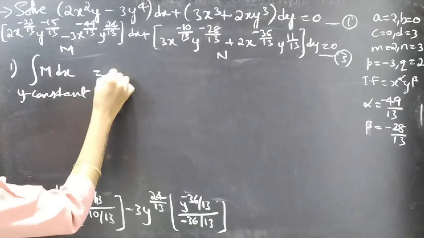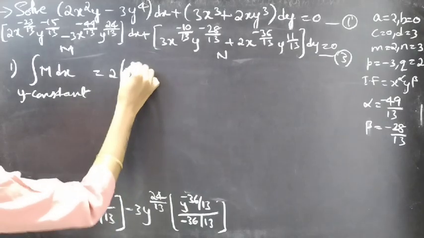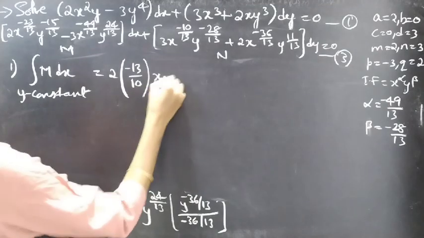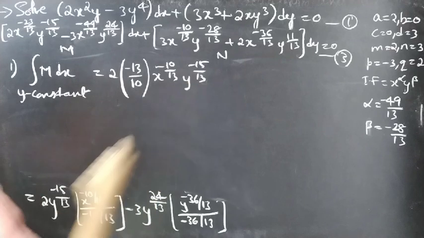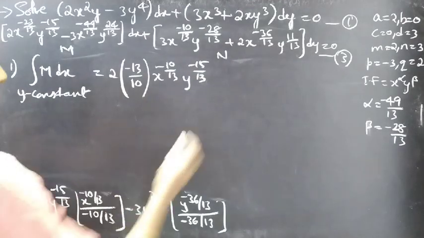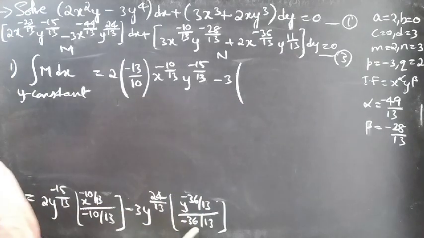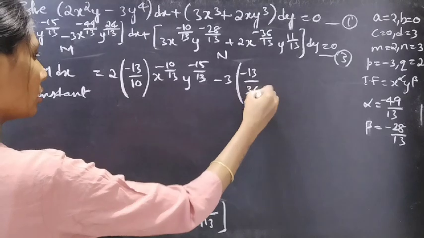Now we can write this as 2 into 1 by minus 10 by 13, which can be written as minus 13 by 10, into x power minus 10 by 13 into y power minus 15 by 13. Okay, minus 3 into 1 by minus 36 by 13 can be written as minus 13 by 36.